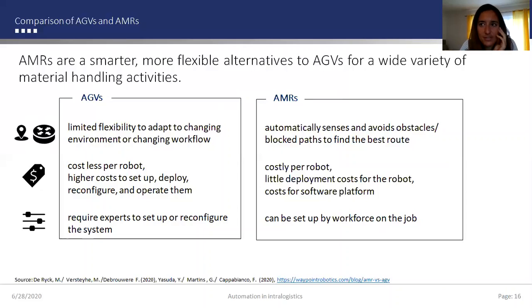Both systems need experts to set them up, but some AMR providers will explain that it is quite easy: you just unbox them and they will work. But you still have to implement the software platform for the steering logic.